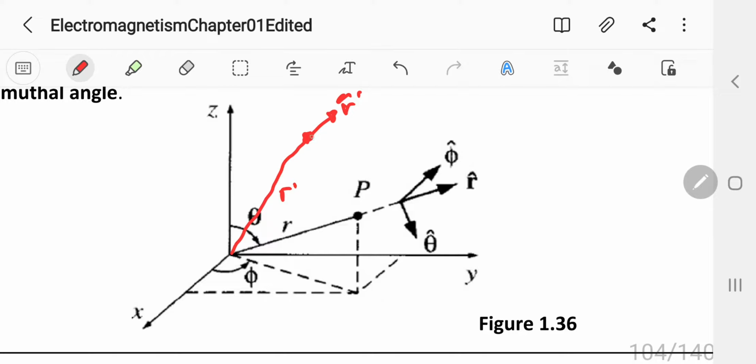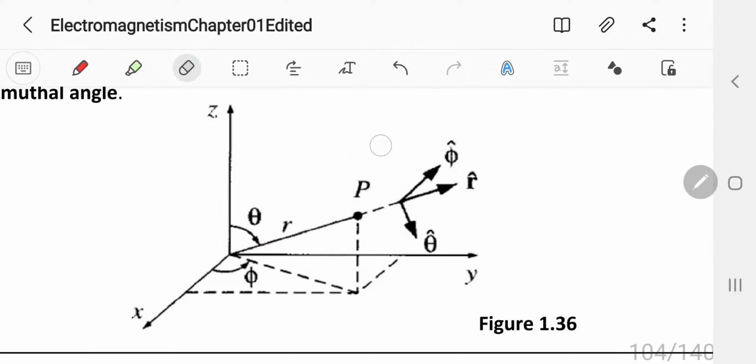And then your theta hat prime, so they should be perpendicular. And then your phi hat would be here. So they're still mutually perpendicular to each other.